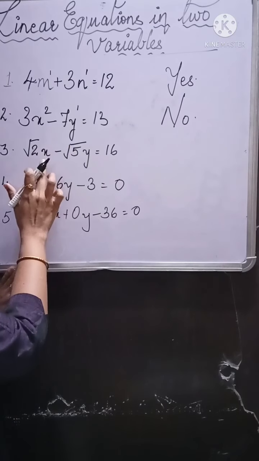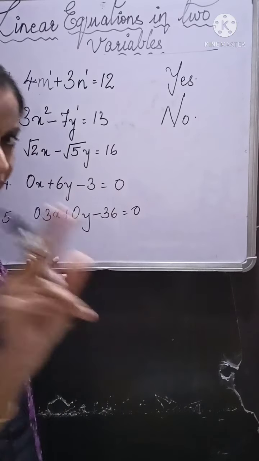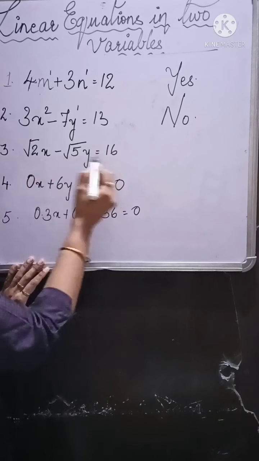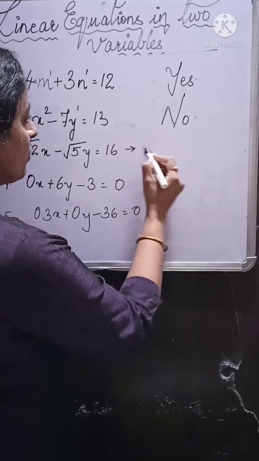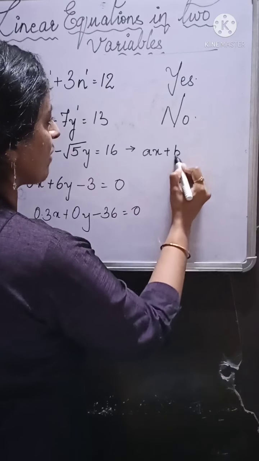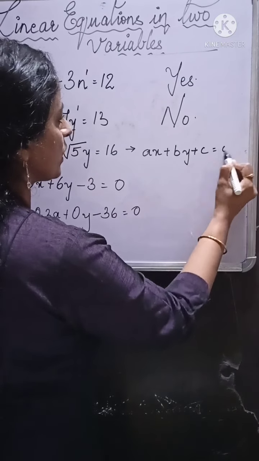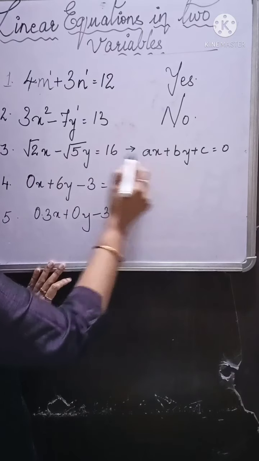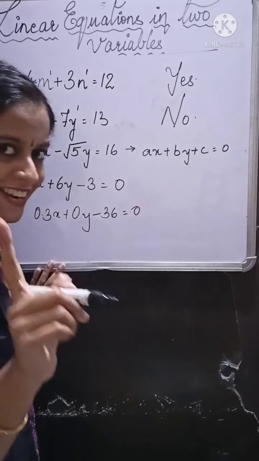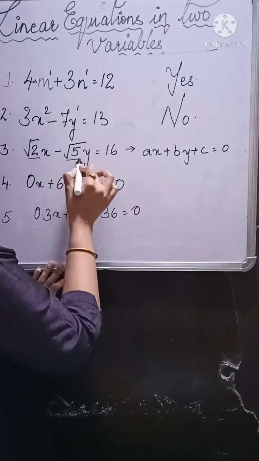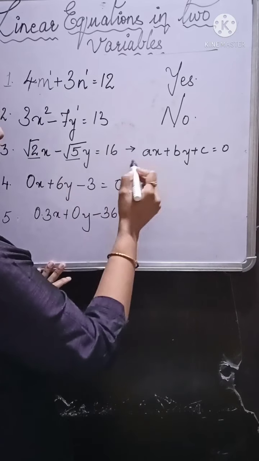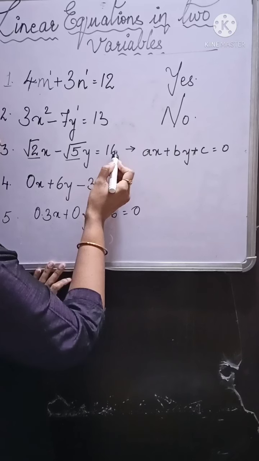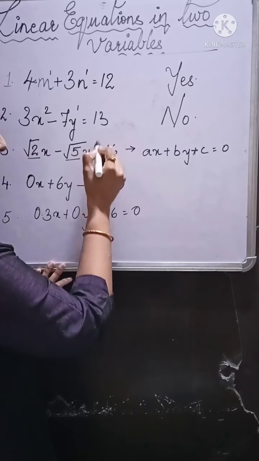Now the next example. Variable x, variable y. Two variables are there. Look at the coefficients. Compare it with the general form. I told you the general form, no? ax plus by plus c is equal to 0. Now compare. What will be a? a is root 2, it is a real number. b will be minus root 5, and c, here it is plus c, so if I bring the 16 to this side, it will be minus 16.